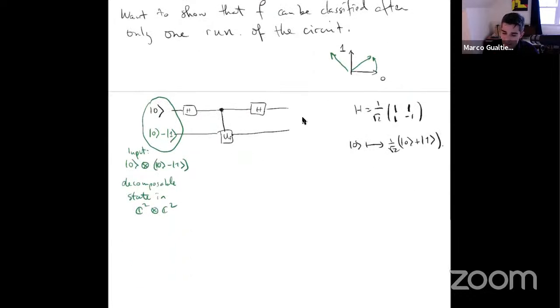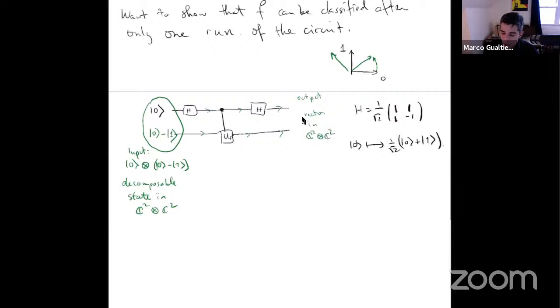Okay, now this is going to pass through, and what we're going to end up with is some vector. The output is some vector in C2 tensor C2.